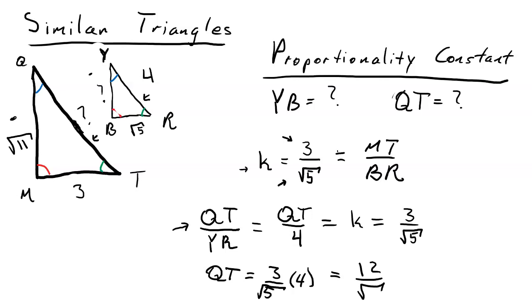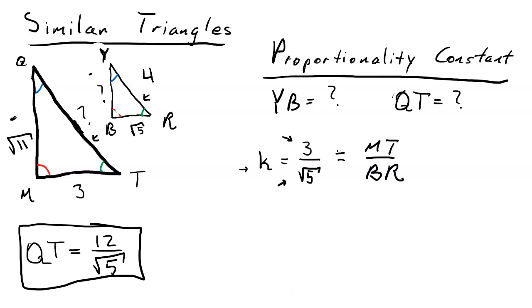Check my notes, make sure that's right. QT equals 12 over square root 5. Yeah. So this is going to be one of our sides. And again, I'm going to pause the video, rewrite this, and solve for the other side.